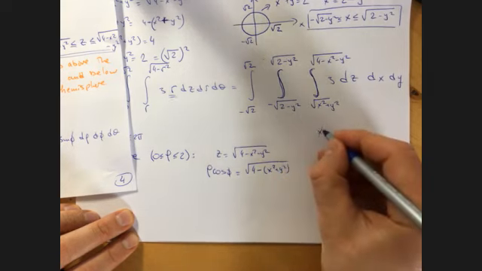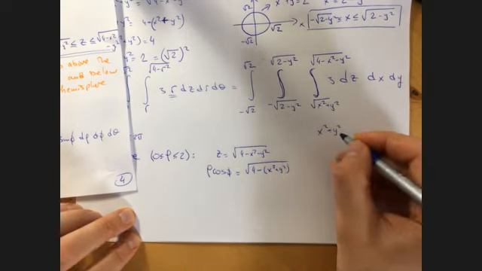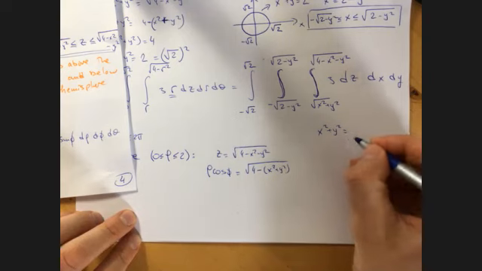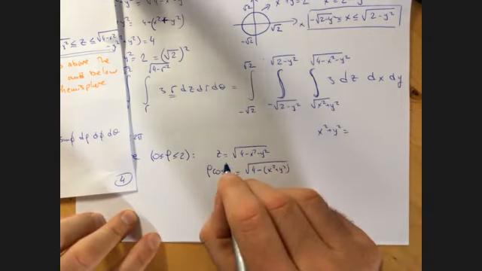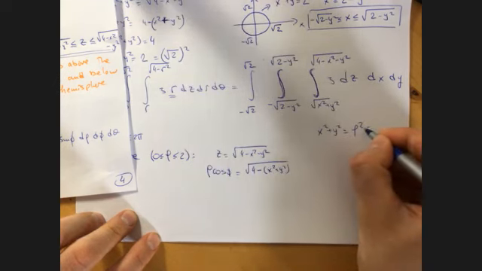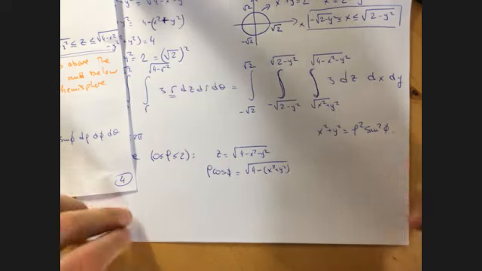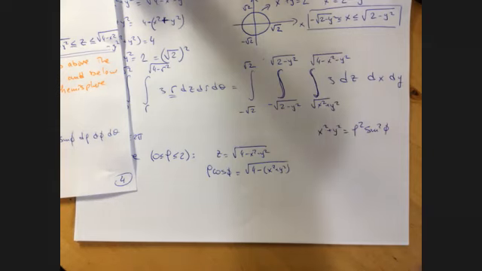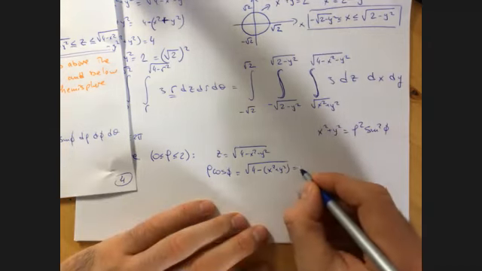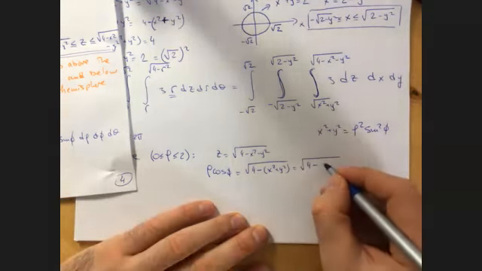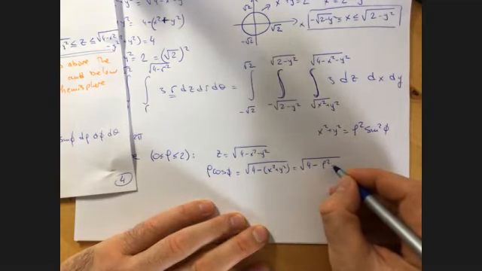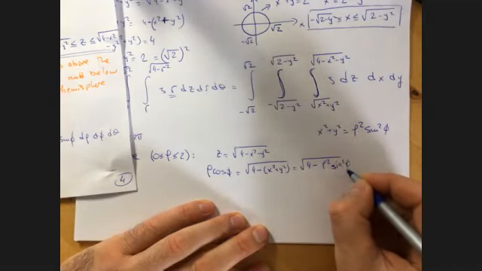And I told you to know x squared plus y squared and x squared plus y squared plus z squared in spherical coordinates. X squared plus y squared is rho squared sine squared phi. And if you don't know it, it's also fine. You can simply evaluate this. So this is equal to 4 minus rho squared times sine squared phi.